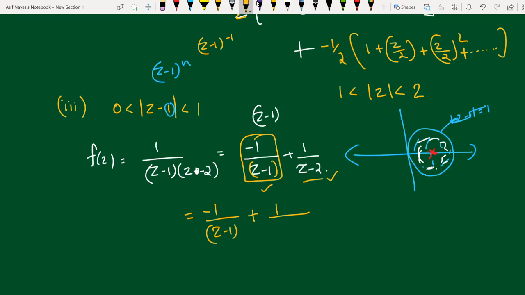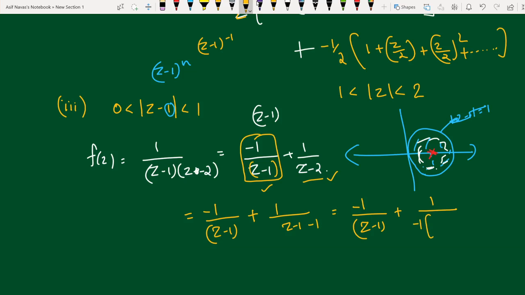So what we will do is write z minus 2 as z minus 1 minus 1, right? I'm taking minus 1 outside.